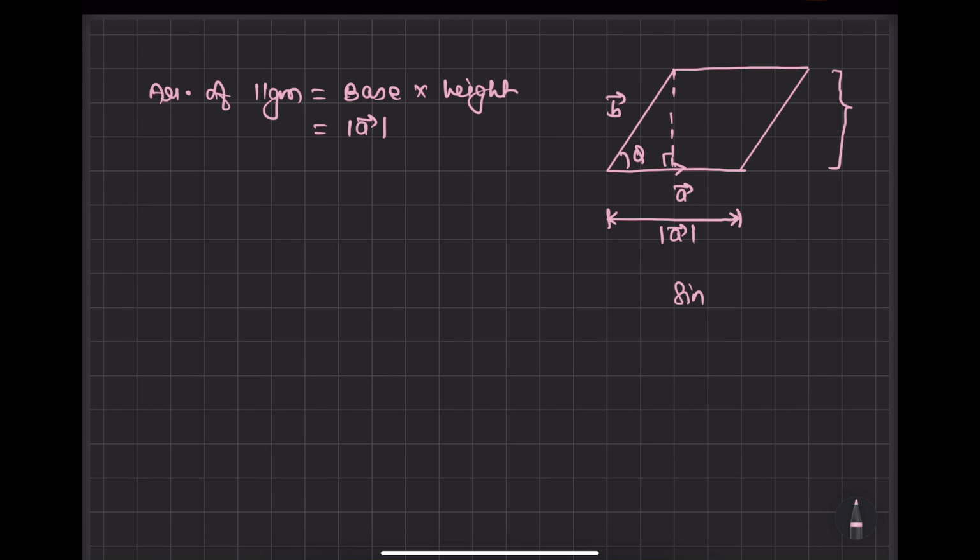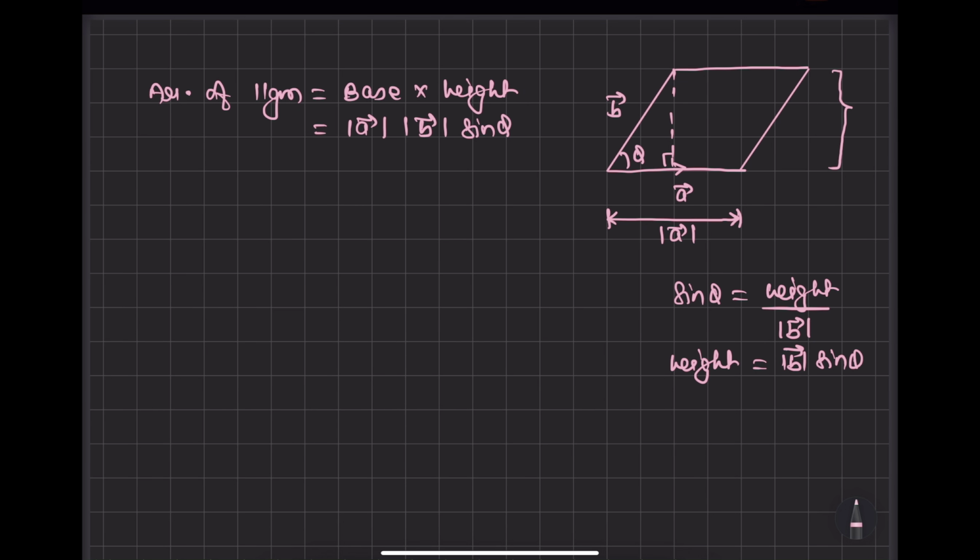So can I write sine theta equals perpendicular, which we call height, by the hypotenuse. Hypotenuse is mod of B. So can I say that the value of height is mod B sine theta? So in place of height, can I write mod B sine theta?